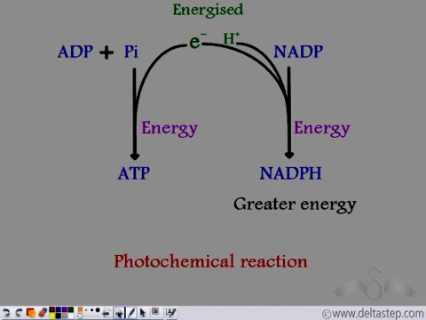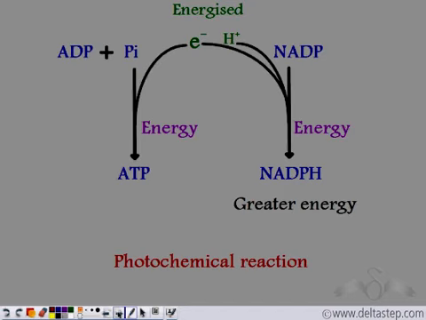Also, these electrons along with the H+ ions which were liberated during the photolysis of water convert NADP, which is another molecule present in the cell, to NADPH, which stores a greater amount of energy than the ATP.